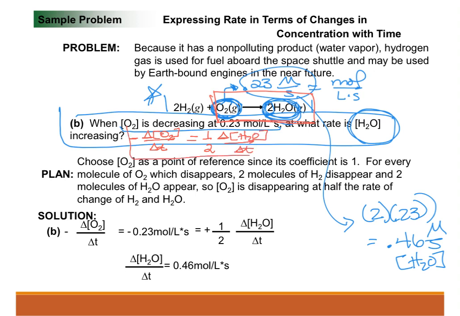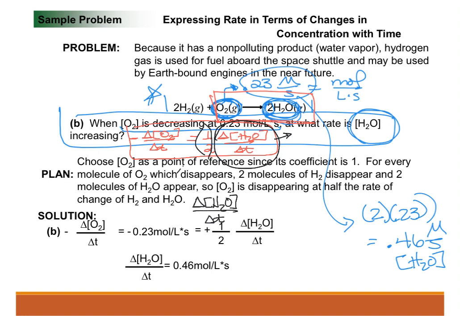All right, so make sure that you could recreate this. Now, what we're trying to do is solve for the rate with respect to water. So this part that I just circled is the rate with respect to water. This 1/2 is an equalizing factor. It's not the actual rate. So we just want to do a little bit of algebra now, and we want this rate by itself.